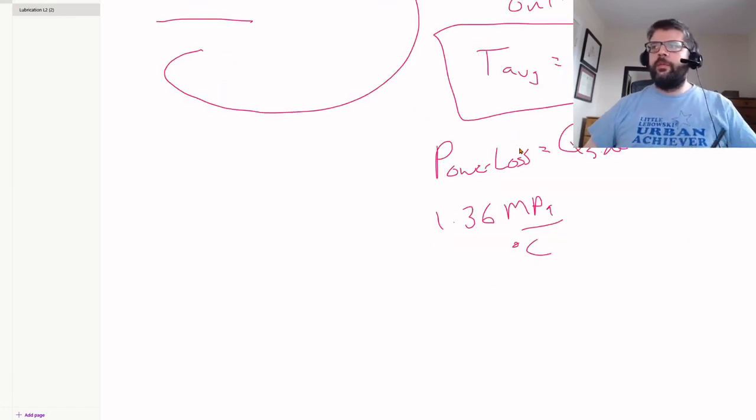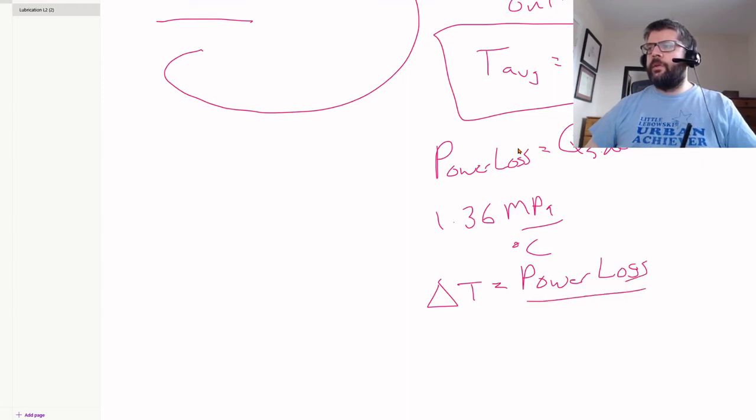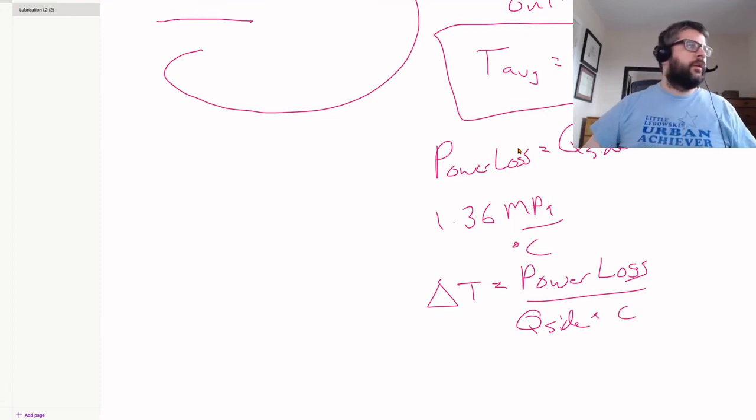So if we want to solve for the temperature change, that's going to be equal to our power loss divided by the side flow and the specific heat capacity.